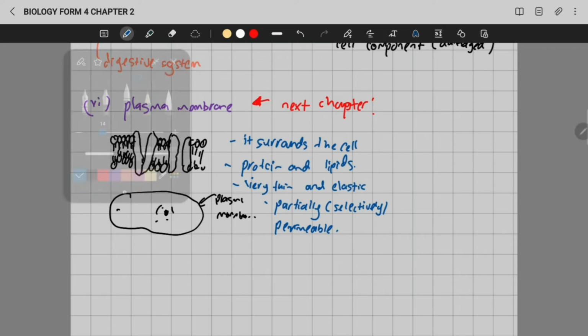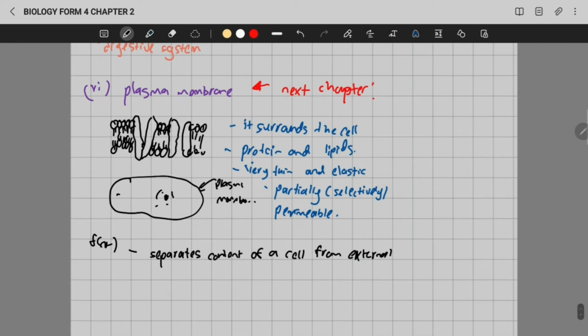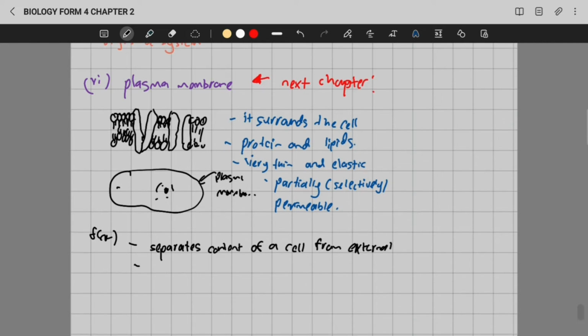So what they do, as I said before, the plasma membrane is a very important component of the cell. They separate the outer cell and the inner cell from the external. So that explains why the nucleus of the cell is there, not outside of the cell, because of the presence of the plasma membrane.